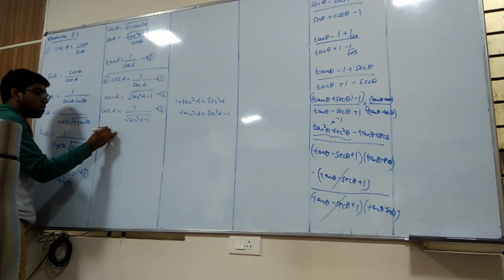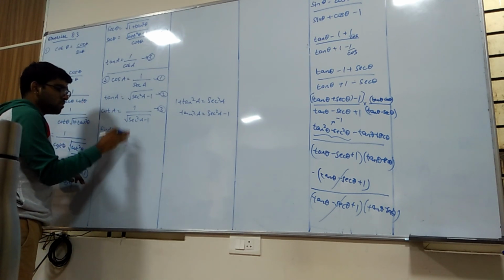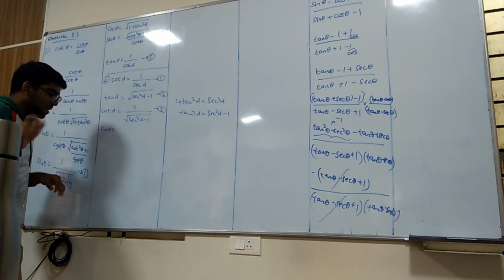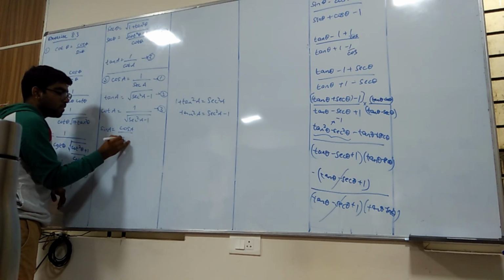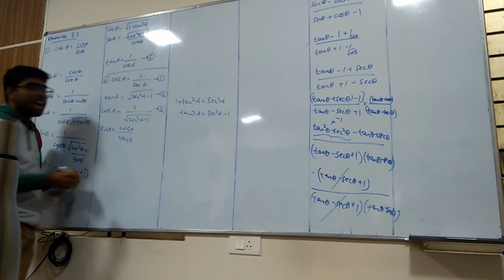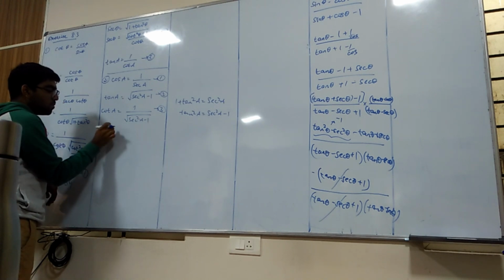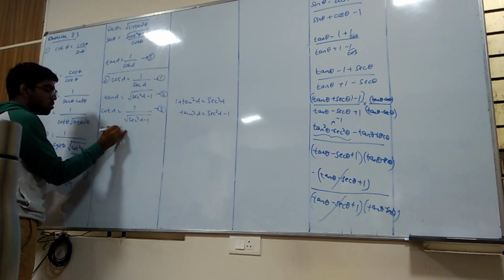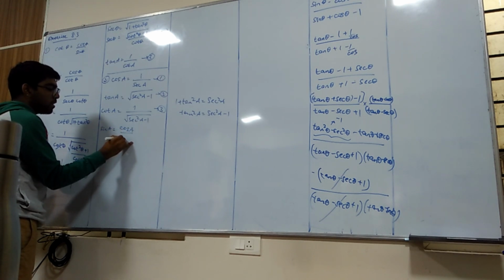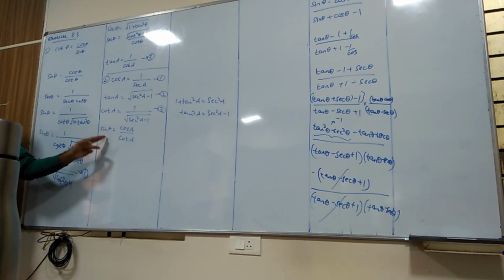Sin A is equal to cos A by tan A. Sorry, sin A is equal to cos A divided by cot A. Cot is equal to cos by sin.